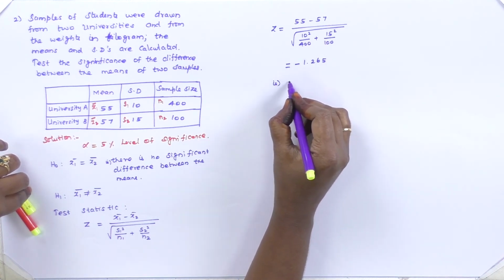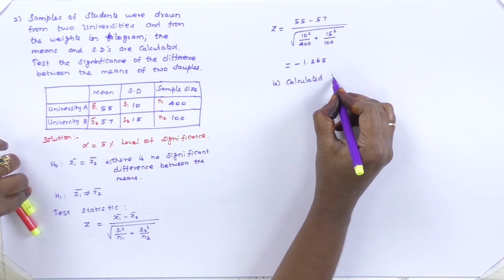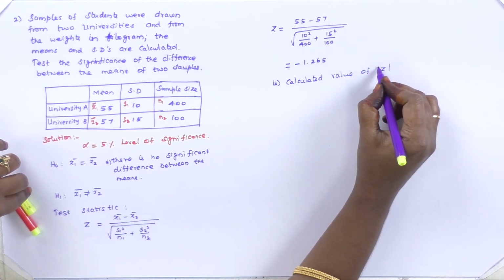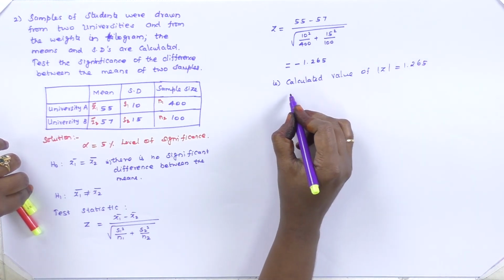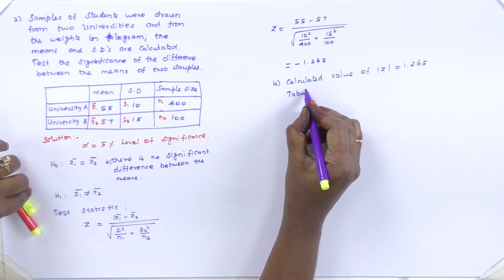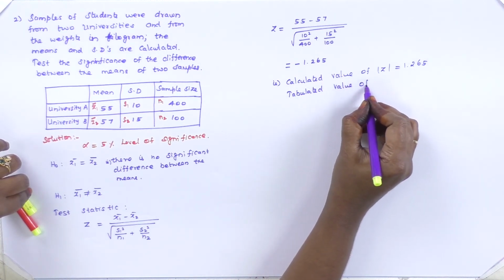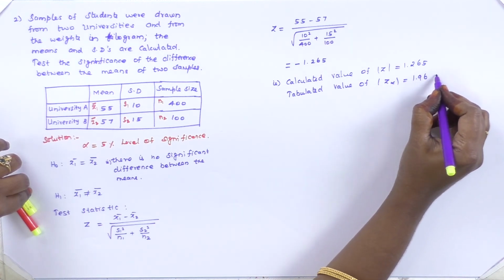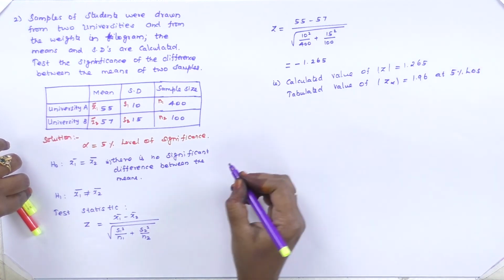That is, the calculated value of Z is equal to 1.265. Now we choose the tabulated value of Z alpha, which is equal to 1.96 at 5% level of significance.